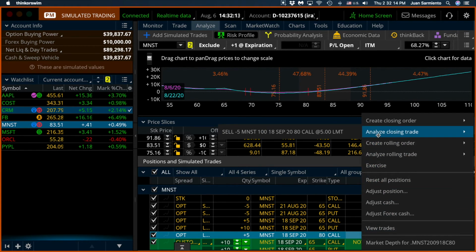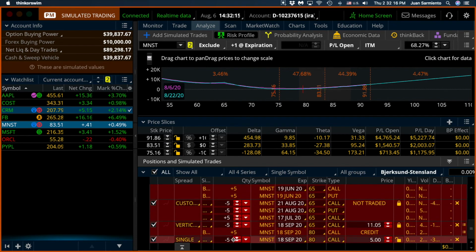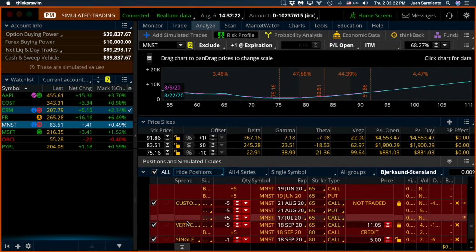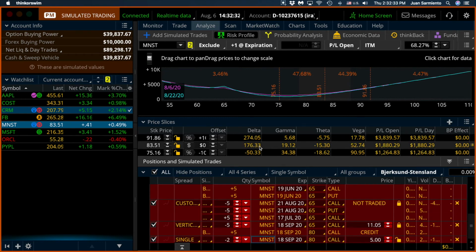Analyze closing. I'm going to close one of them, and the price is $5. And doing one of them reduces my deltas from 300 and whatever to 245. Still too much. So I'm going to sell another one, and that neutralizes even further.